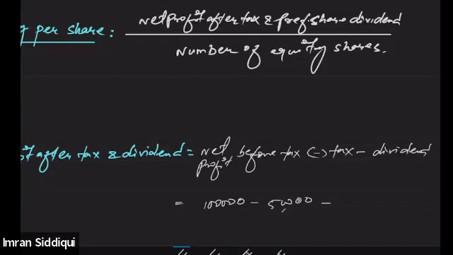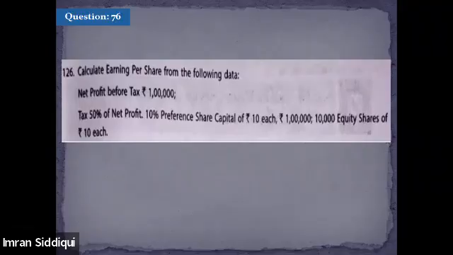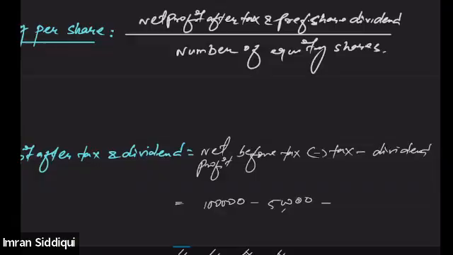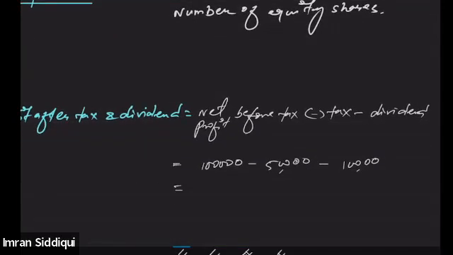So the total value of the preference share is 1 lakh, and upon that we'll be providing 10% dividend. Is that clear to you? So 10% of 1 lakh will be how much? Tell me. 10,000. Subtracting this, we will get what? I think it will be 40,000, if I'm not wrong. Correct?